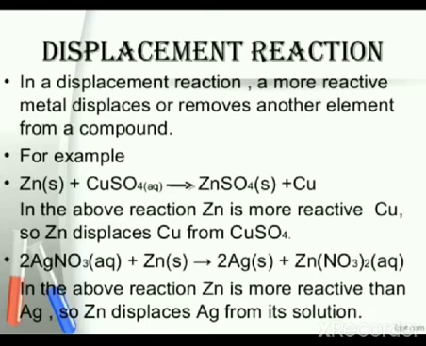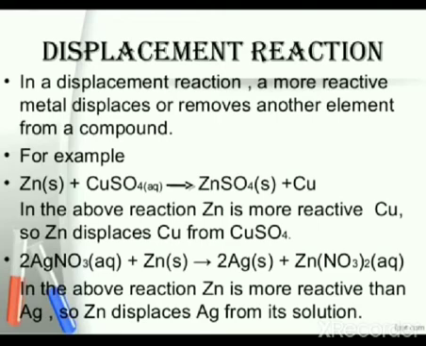For example, consider the reaction of zinc with copper sulfate solution. Here, zinc metal is added to copper sulfate solution. The added metal zinc is more reactive than copper metal which is present in copper sulfate solution.